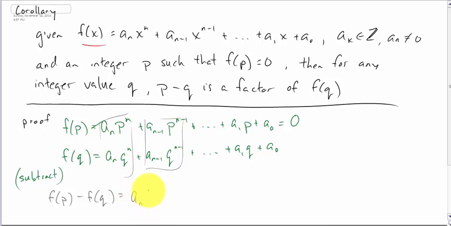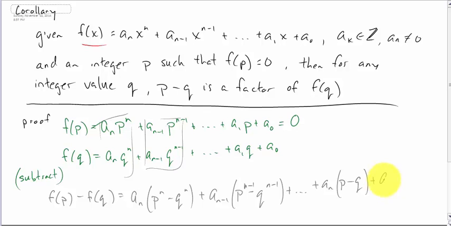So a sub n times p to the n minus q to the n plus a sub n minus 1 times p to the n minus 1 minus q to the n minus 1 plus yada yada yada plus a1 times p minus q plus the a0s go away.